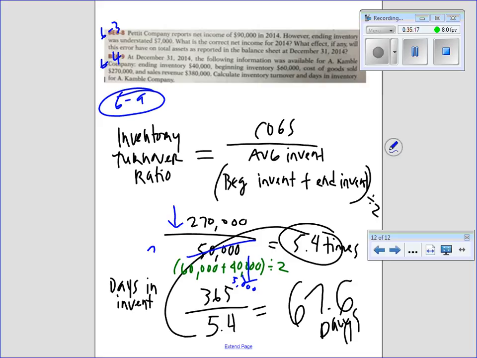What if this number was 32,500? Someone get that calculator out and do that. What's 270,000 divided by 32,500? 8.3. Take 365 divided by 8.3.